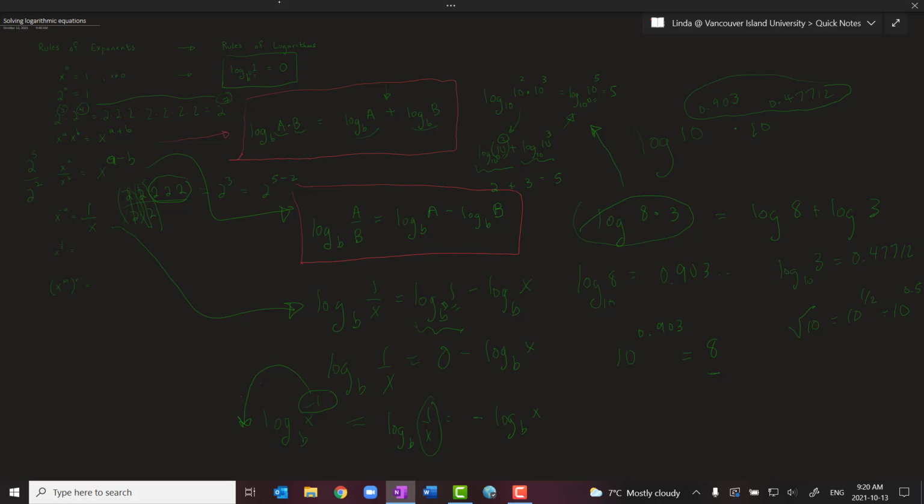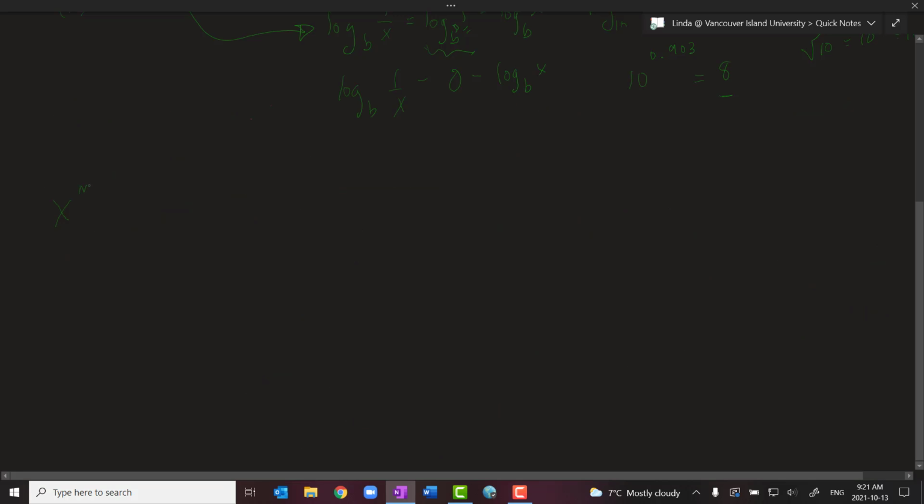So the next rule is x to the m to the r. So what do we do when we have x to the 2 to the 3? Well, you might remember that this is x to the 6. So x squared times x squared times x squared, that's what this guy means. And what do we do when the bases are the same and we're multiplying?